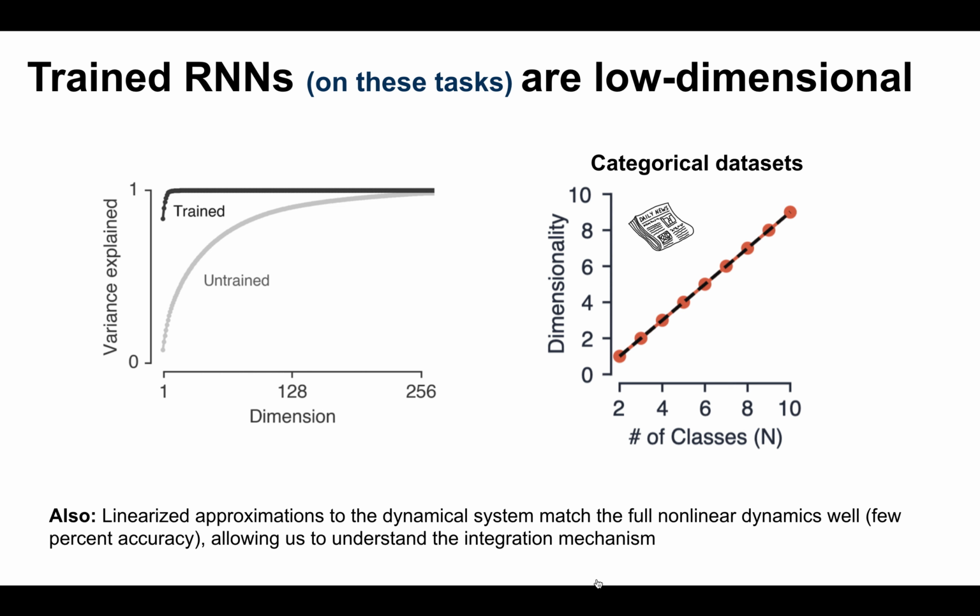And in particular, in the case of categorical n-class classification, that set of points is actually n-1 dimensional. So this fact, along with the fact that the linearized approximation of the RNN works quite well, allows us to get a pretty good handle on what the RNN is actually doing to solve this task.